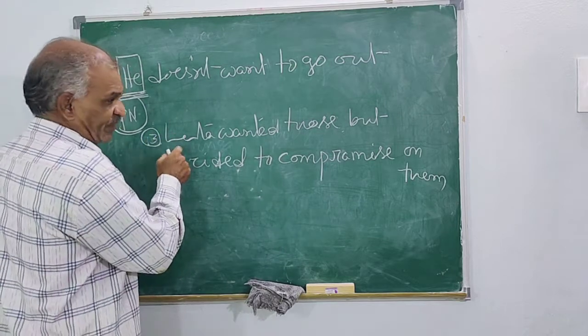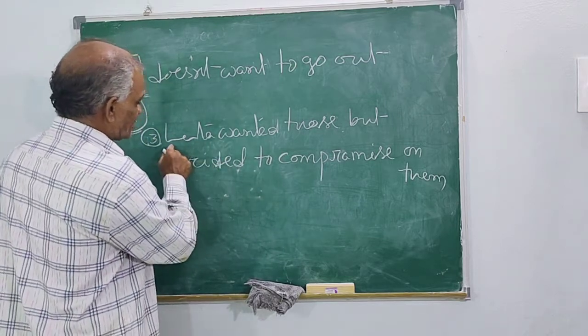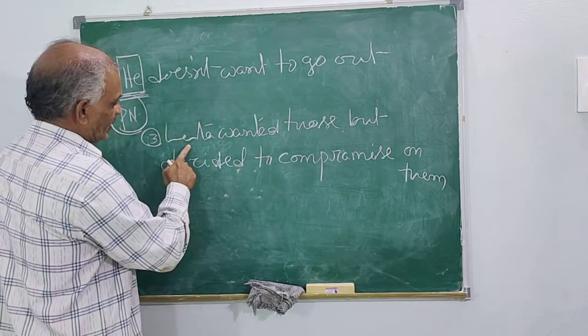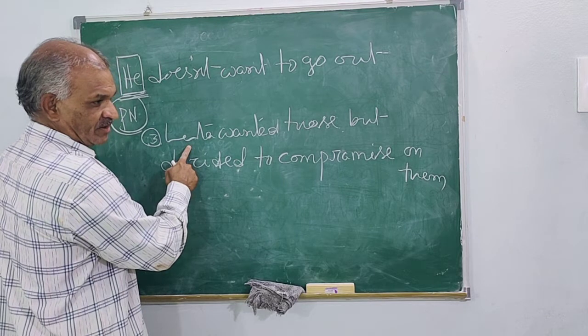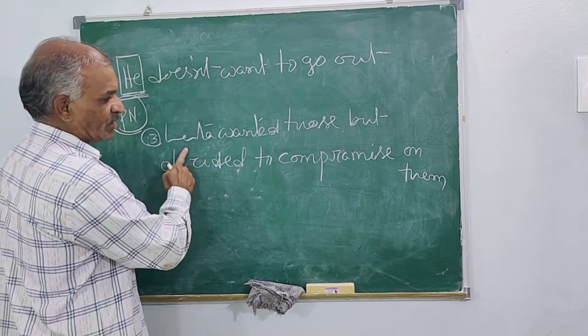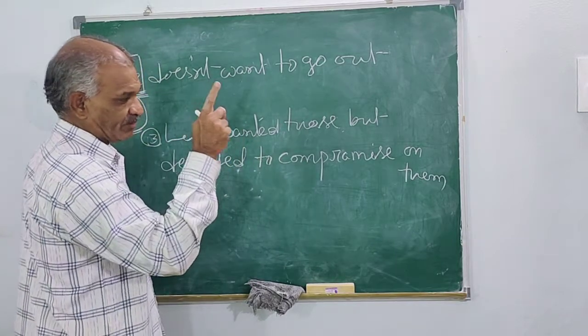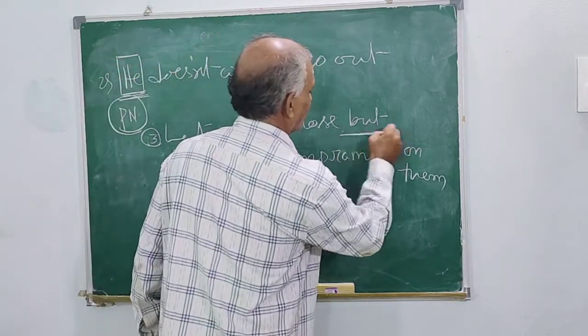Suppose if he underlined this, it will be noun. Clear, na? If I underline this word, then your answer must be noun. If I underline this one, your answer must be verb. But I underlined this.